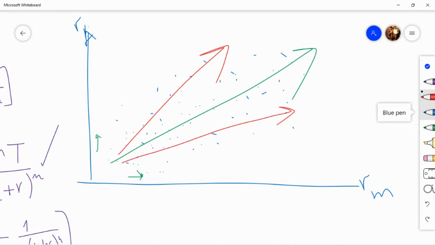And just the same, this one can explain the upper dots, but it's missing out on the rest of them, right? So the best fitting line is the one that can explain the majority. Technically, it's called the ordinary least squares method.